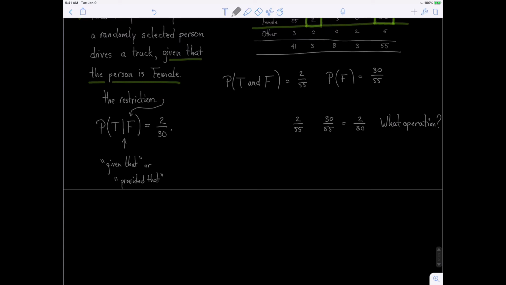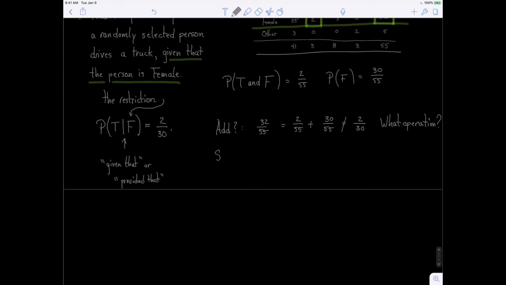If we can figure that out, we can figure out how the problem works in general. Let's try adding. If I add 2 55ths plus 30 55ths, that's 32 out of 55. That's clearly not the answer we're after.